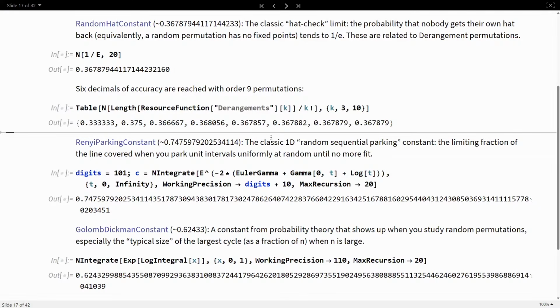Another random one is if you start parking cars randomly along a stretch of road that's been snowed over so that nobody can see any parking lines, the amount of fillage you'll get as people just park their cars randomly is about 0.074.